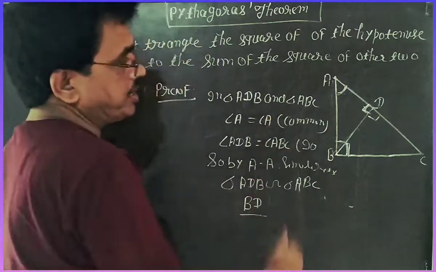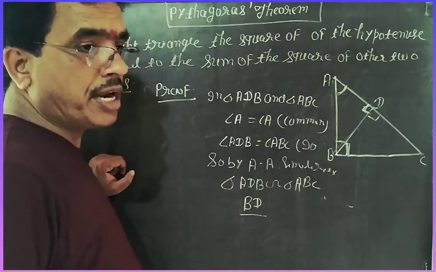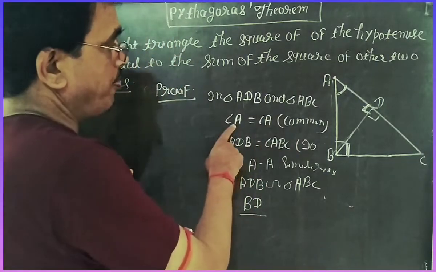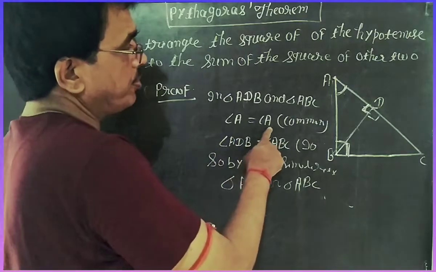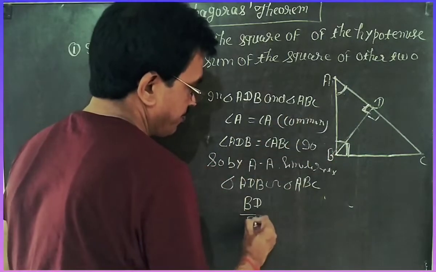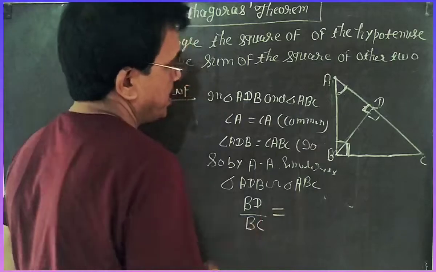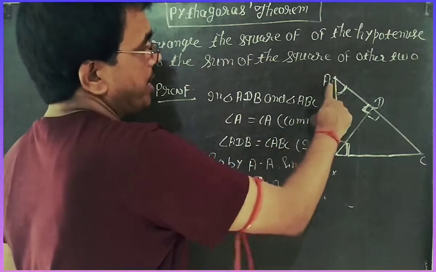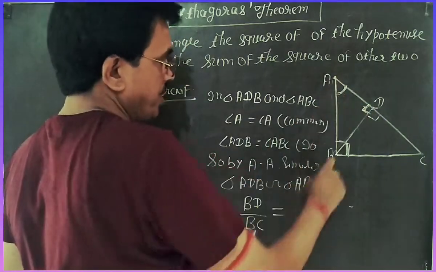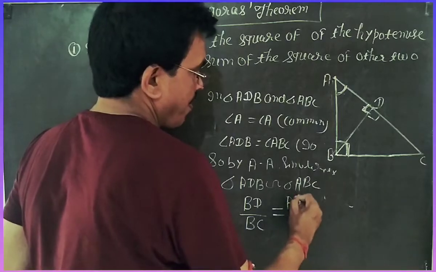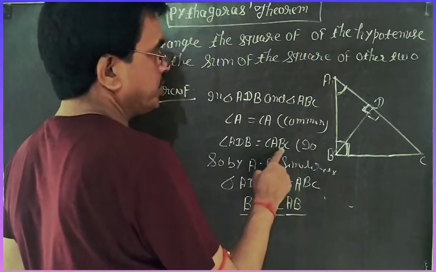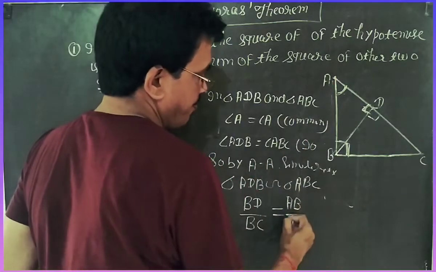If two triangles are similar, then their corresponding sides are proportionally equal. So opposite of angle A is BD and opposite of angle A is BC, is equal to ADB. Opposite of ADB is AB and opposite of ABC is AC.